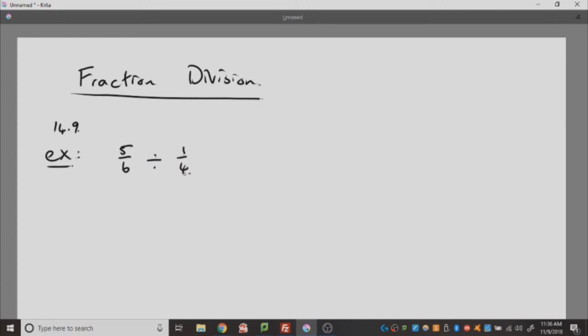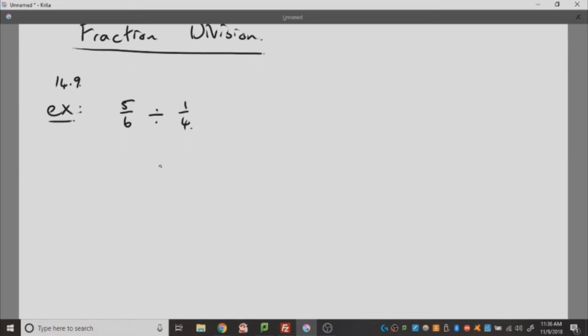So we have the first number. That's the quantity we have. And we're trying to fit groups of 1/4 of a rectangle into what we have. And the answer is the number of times we can fit that in. So what we have is to be represented like that.